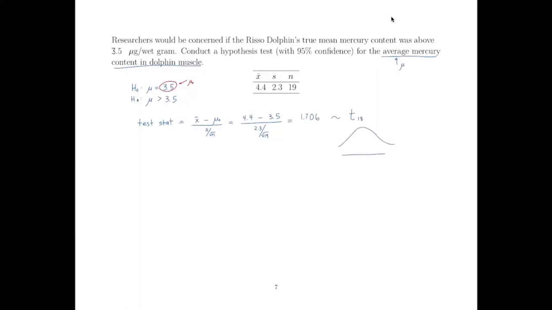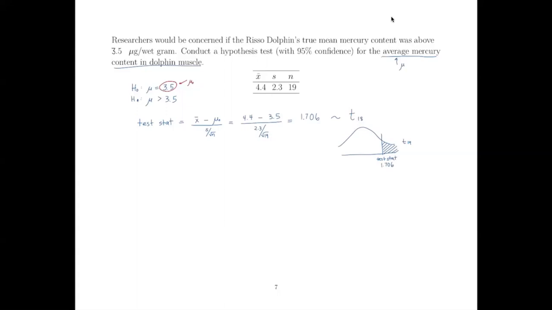We've got our t-distribution. There's my test statistic, which falls at a particular value, 1.706. And so the p-value, the probability of observing the test statistic we did given that the null hypothesis is true, is going to be the area in this right-hand tail.